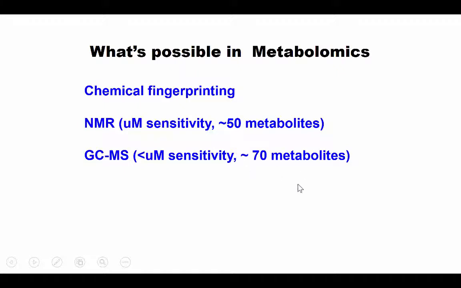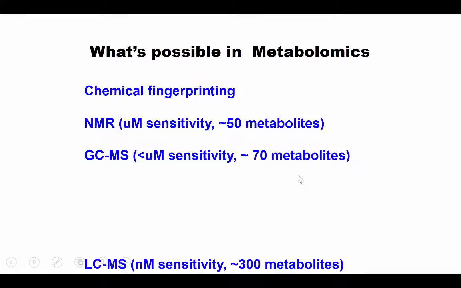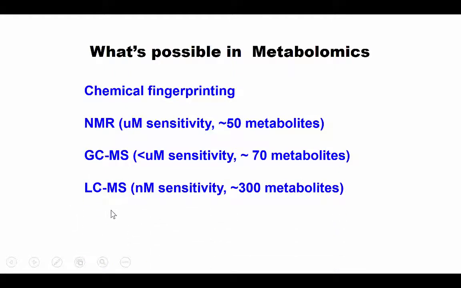That's why approximately 70 to 100 metabolites can be detected by GCMS. For many of the water-soluble metabolites, LCMS may be a more popular method, and the sensitivity can be much higher, utilizing the high sensitivity of mass spec. Using LCMS, you can detect several hundred metabolites together. So this is what is currently possible in metabolomic studies.